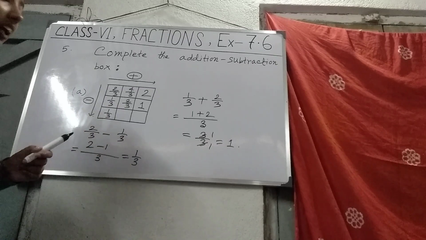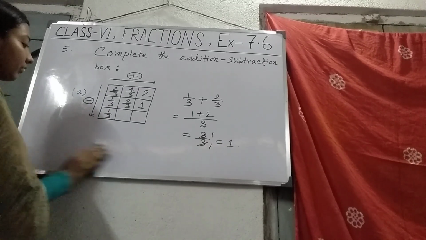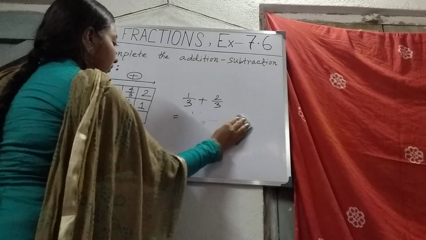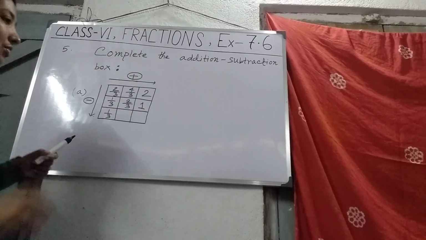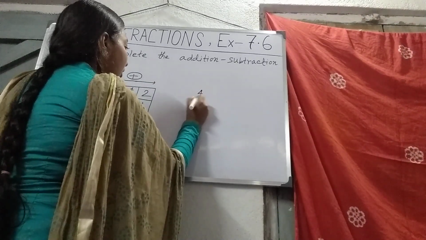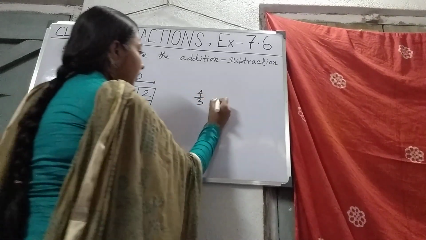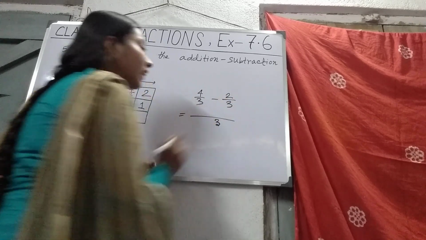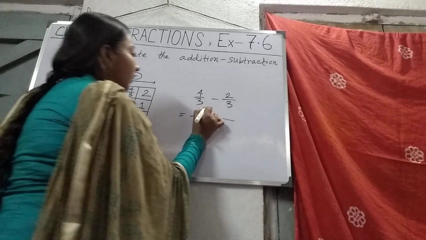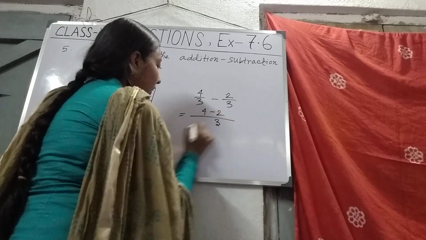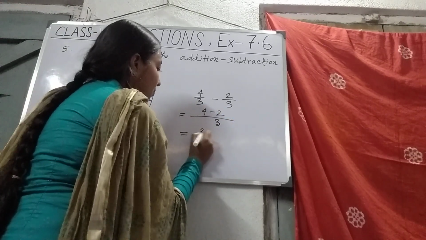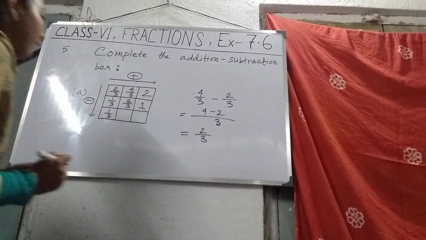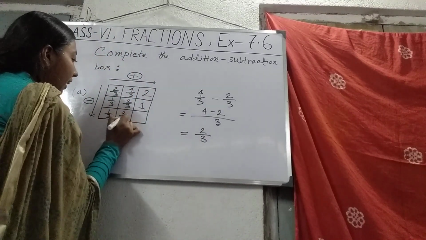Now for the second column, first one is 4 upon 3 and second minus 2 upon 3. Here also both denominators are the same, so we can solve it very easily. 4 minus 2 comes 2, so 2 upon 3. This will be the answer.